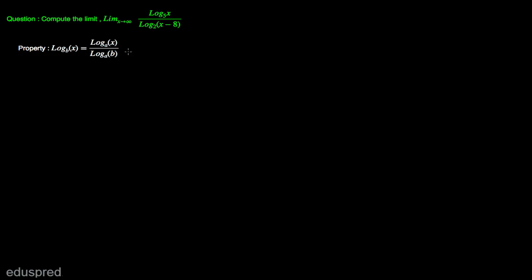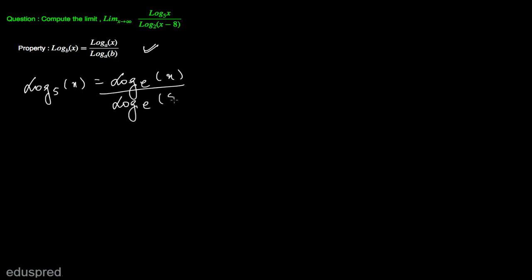So your first step is to make the common base by using this property. So log to the base 5 of x becomes, here we are changing the base 5 to the base e, which is your natural log. So that is log to the base e of x divided by log to the base e of 5.